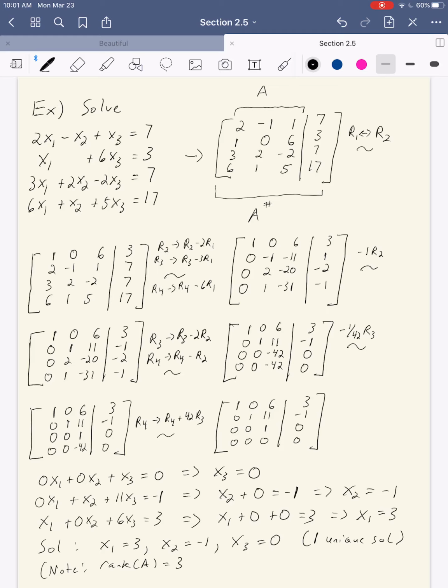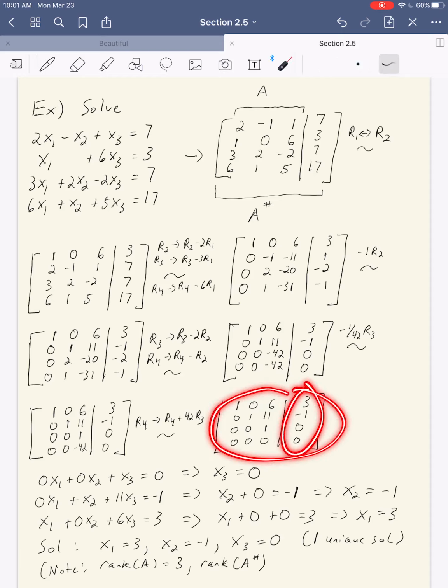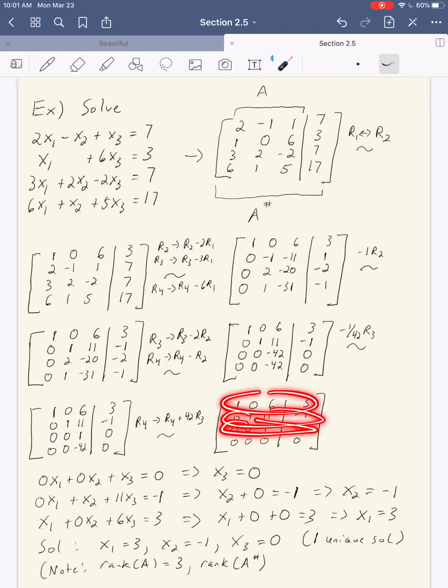was 3. Because when we took just this part over here and looked at the number of non-zero rows, there would be 1, 2, 3 non-zero rows. What can we say about the rank of A augmented? Well, if we include this portion here as well, then there would be non-zero rows 1, 2, and 3.